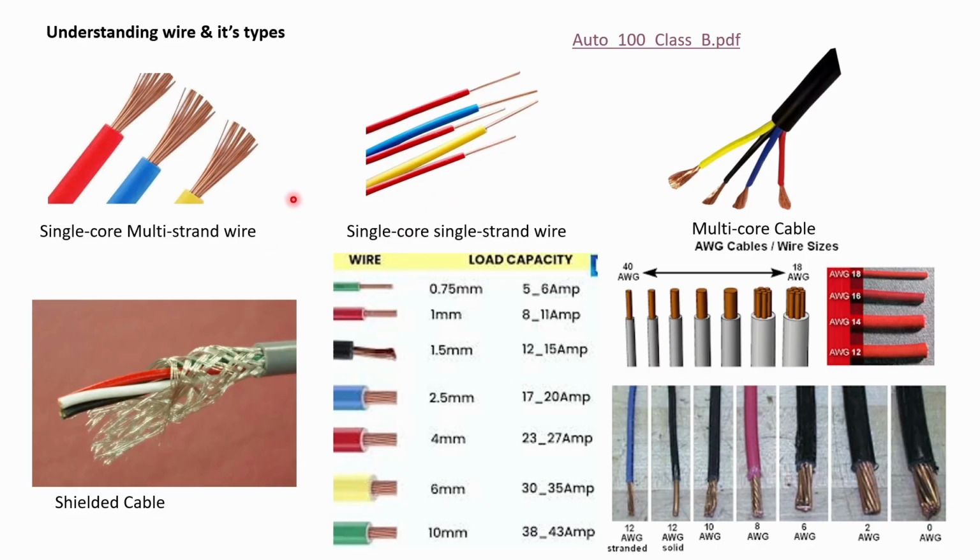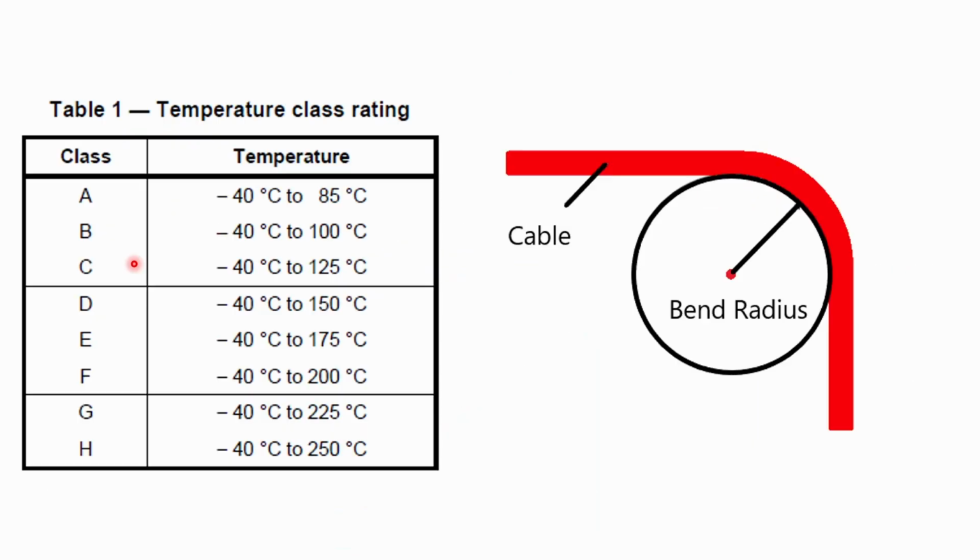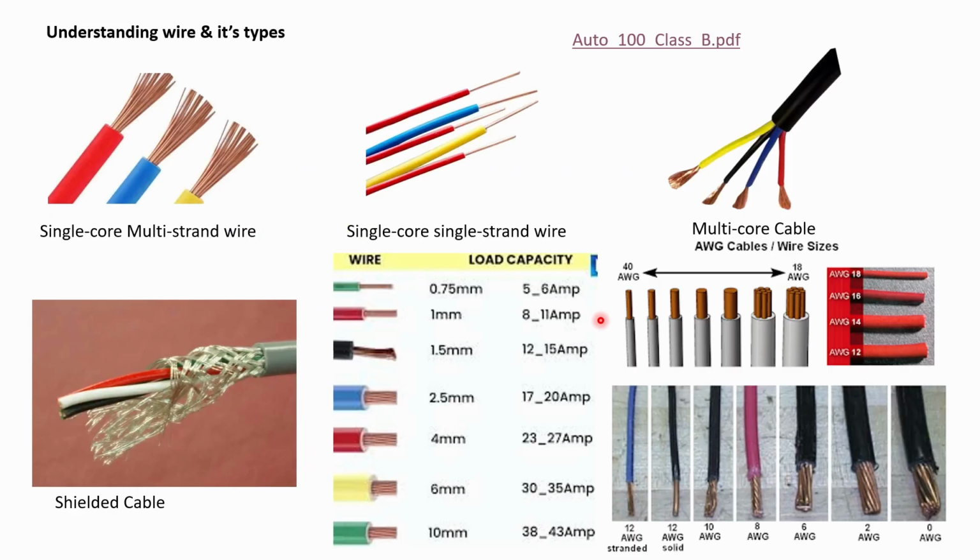But on the other hand, if you take a multi-strand wire, the multi-strand wire is easily bendable and the bending radius can be reduced, and it can be used in tighter applications which require the wire to be bent at a steeper angle. So these are the important factors for understanding wire selections.